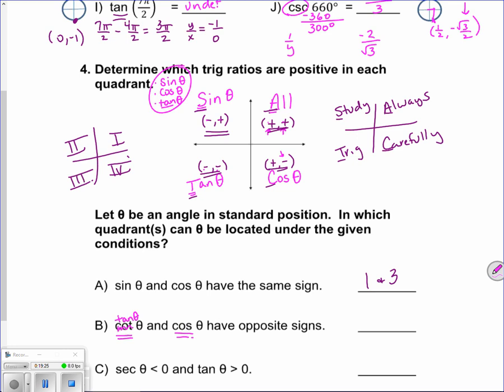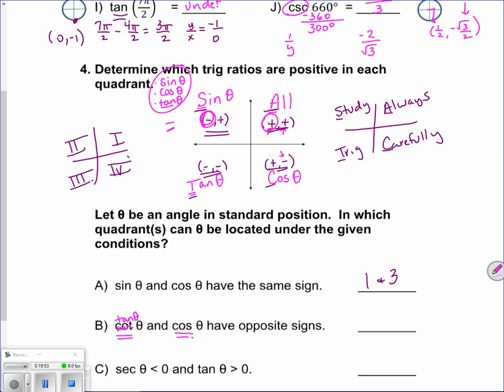So let's look. Quadrant 1. Cosine is positive, and tangent would be positive. So those aren't opposite. Let's look in quadrant 2. Cosine is negative. What would the tangent be in quadrant 2? Well, if you divide a negative by a positive, you also get a negative. Are those opposite signs? No, those are the same signs, so it's not that.